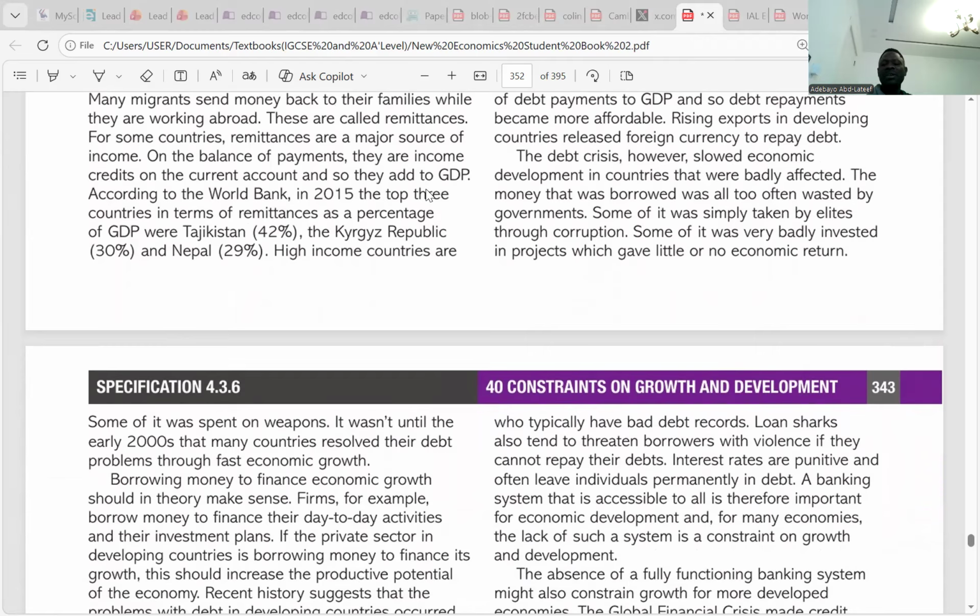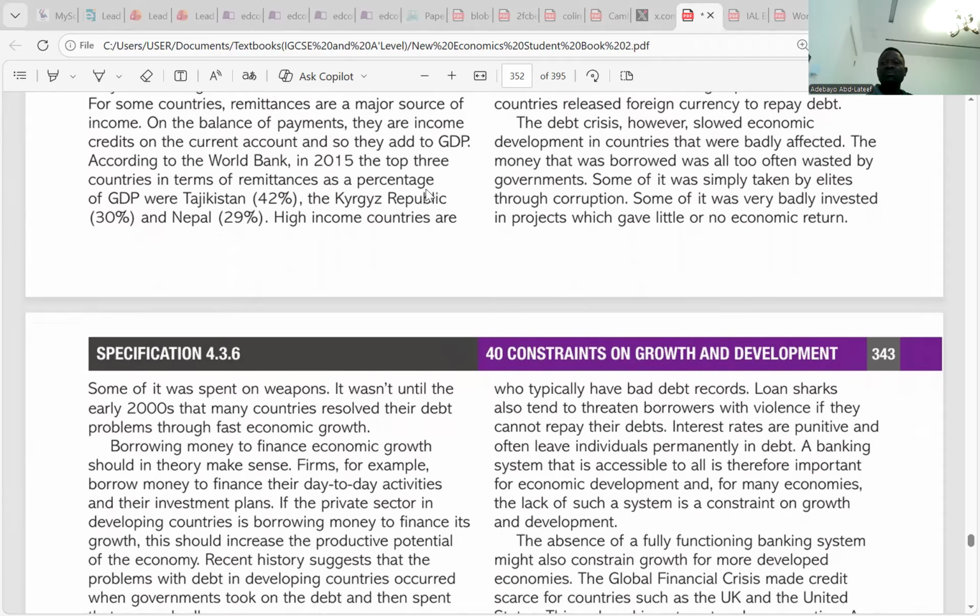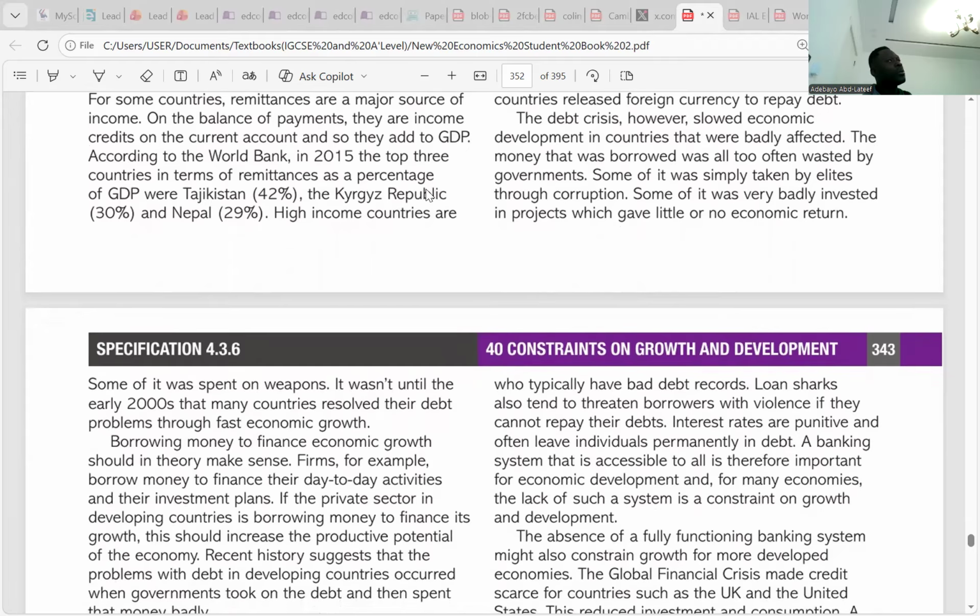That's another problem. Institutional structure, government. Rather than governments to think about the population, to think about the people, they think about mostly their own self-interest. So at the detriment of the people. So some of it was simply taken by elites through corruption.